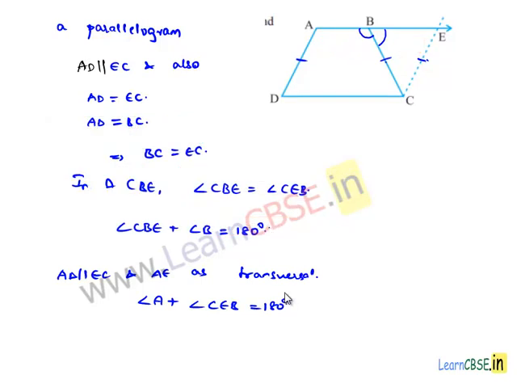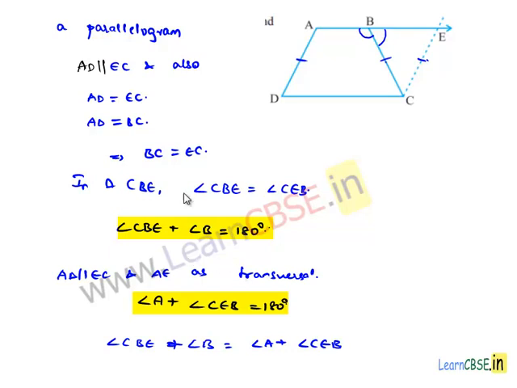Now as these two are equal to 180 degrees, we can equate them. That is angle CBE plus angle B is equal to angle A plus angle CEB. But we know that angle CBE is equal to angle CEB, which implies angle A is equal to angle B. This is for the first part of our proof required.